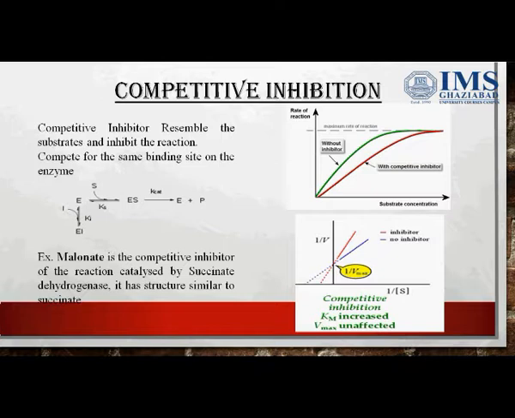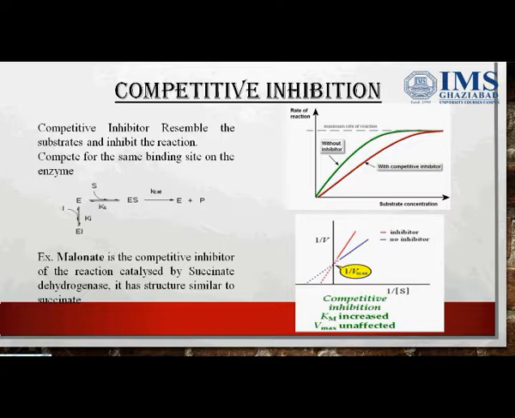As we can see in this reaction, the enzyme can bind with the substrate to form the enzyme substrate complex, which will result in the product, and the enzyme will be regained. But if the enzyme binds to the inhibitor, it will form an enzyme inhibitor complex, which will result in a dead-end complex and no product will be formed.